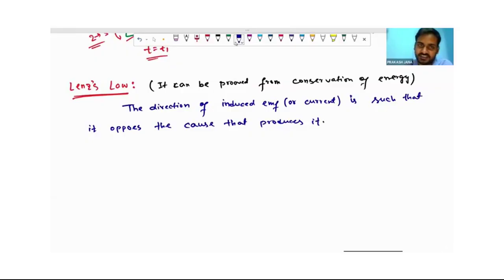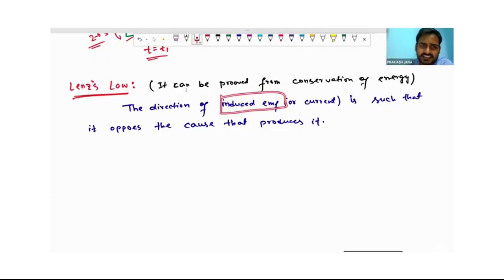What does it mean? It means the current is induced or the EMF is induced. The EMF has a direction, and the direction is such that it opposes that reason for which it is created.